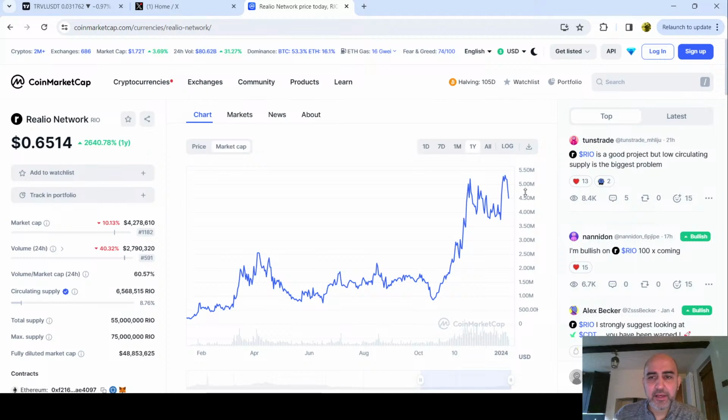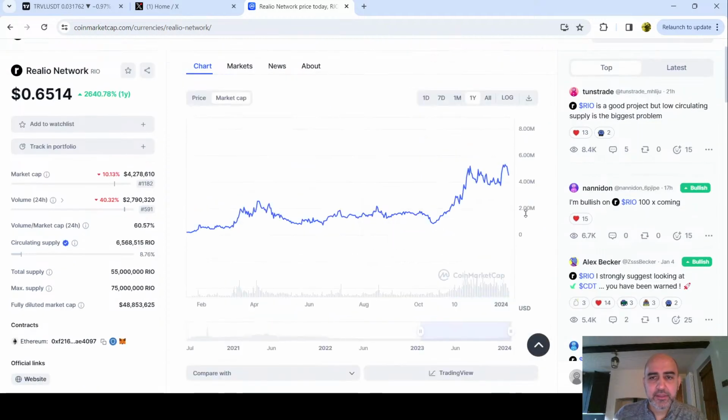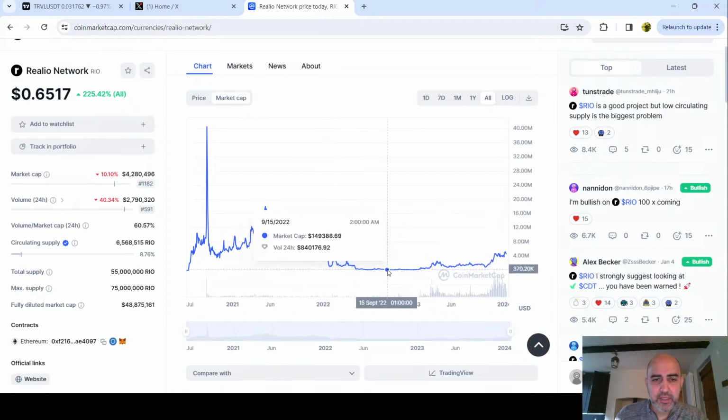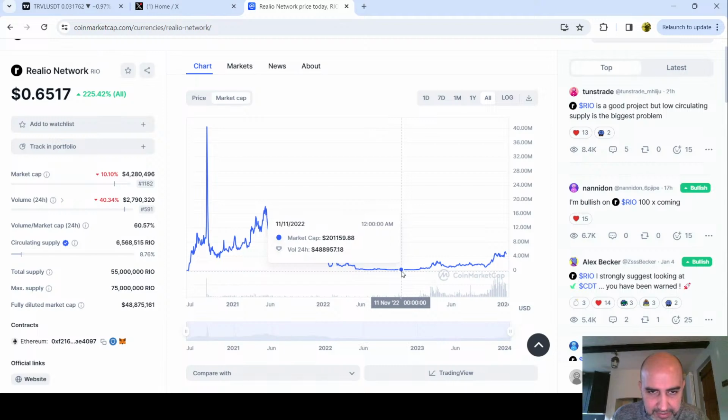So this is CoinMarketCap. It looks as though they launched in 2020. They had a peak of like 40 million in the previous bull market. They hovered at about 7 or 8 or 13 or whatever million, and then crashed to tiny amounts in 22, really low, and now they're back up at about 4 million market cap or so.